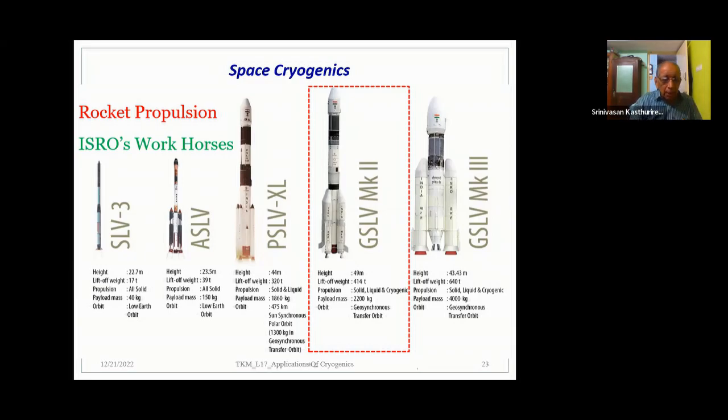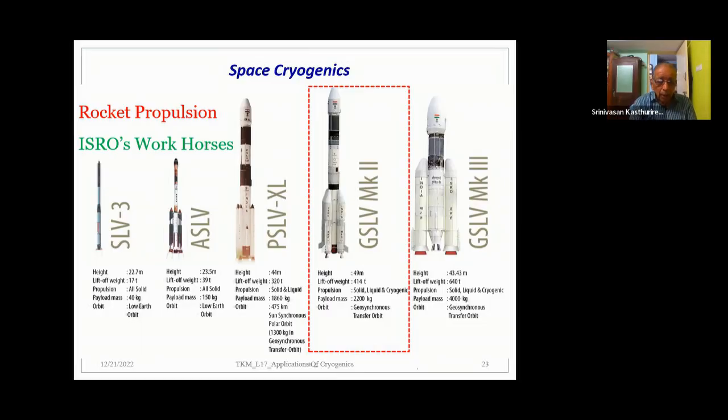SLV-3 typically has a height of 22.7 meters. Lift-off weight is about 17 tons. It is entirely solid, and the payload mass is about 40 kgs. It goes to low Earth orbit; that's the sort of orbit it chooses.